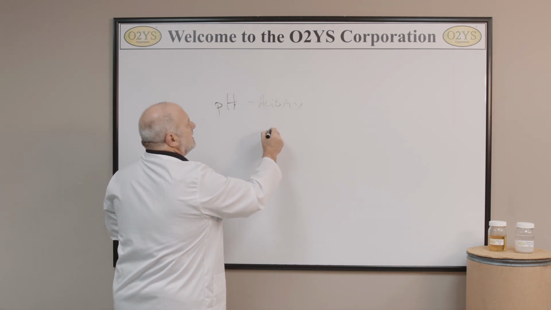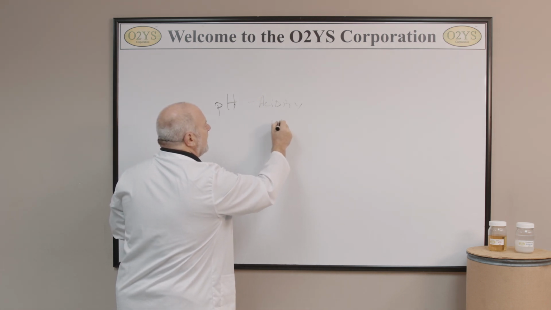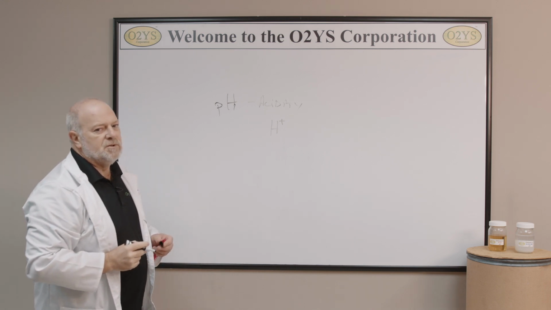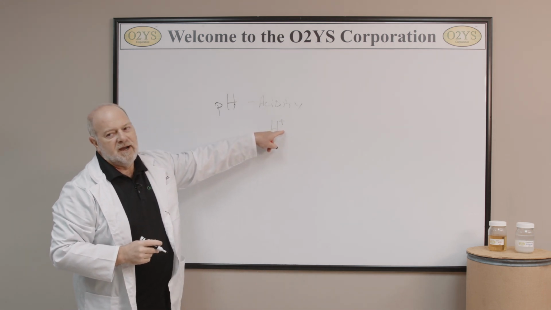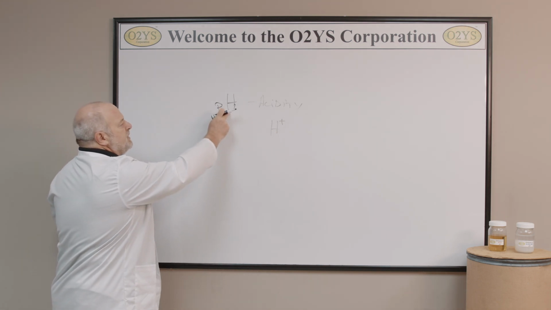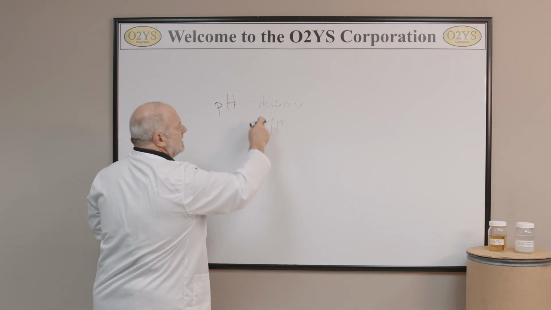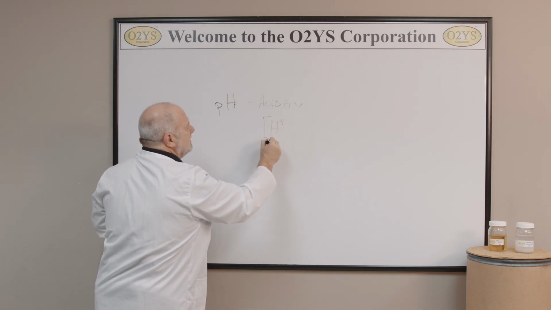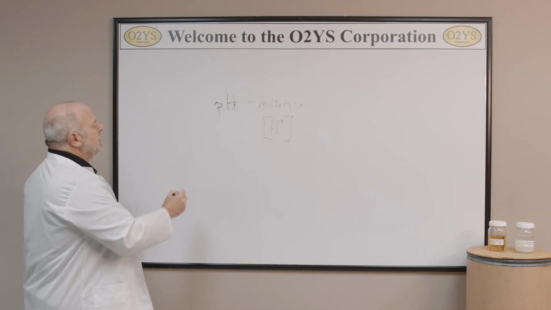Acidity is a feature that's brought about by the concentration of what are called hydrogen ions in a solution. Acids give hydrogen ions in solution. So the pH number that we all associate with various things is related to the concentration, and to get nice and chemical here, we put square brackets around this to indicate concentration.